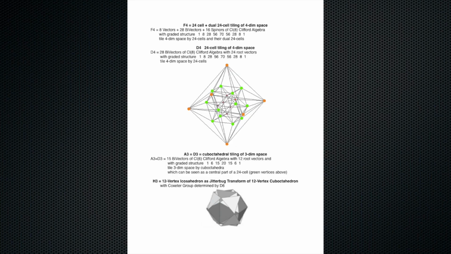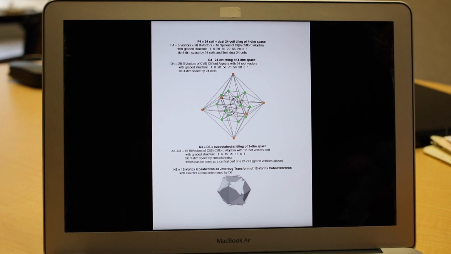If you just look at one of the 24 cells, getting smaller again, you wind up with the D4, just like we talked about D4 before. We had a D4 for gravity and a D4 for standard model. But the D4 root vector diagram is just 24 points. It arranges a 24 cell.